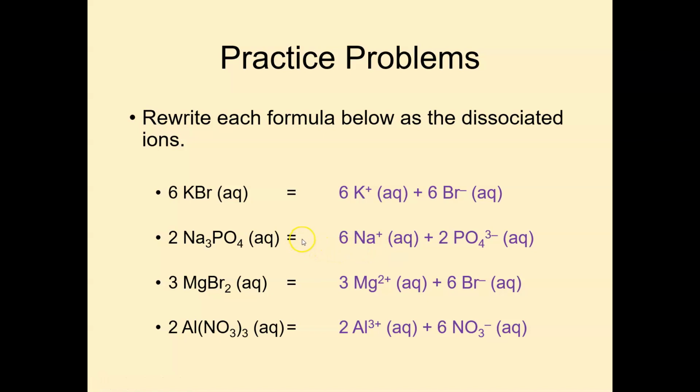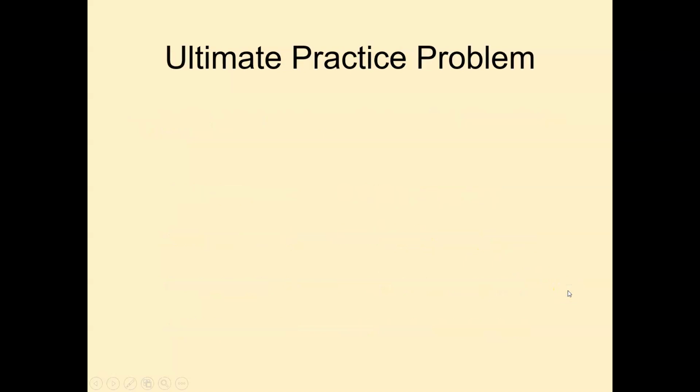Okay, well, I hope you feel as if you understand that skill, because now what I'm going to ask you to do is the ultimate practice problem, in which we are going to combine balancing an equation that includes all aqueous ionic compounds with then dissociating those ionic compounds into their individual ions.